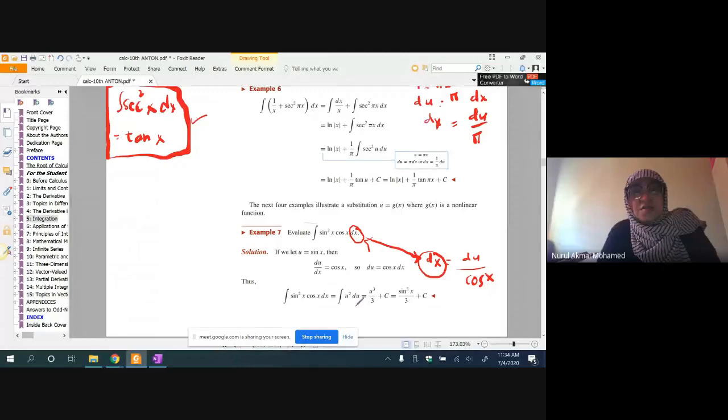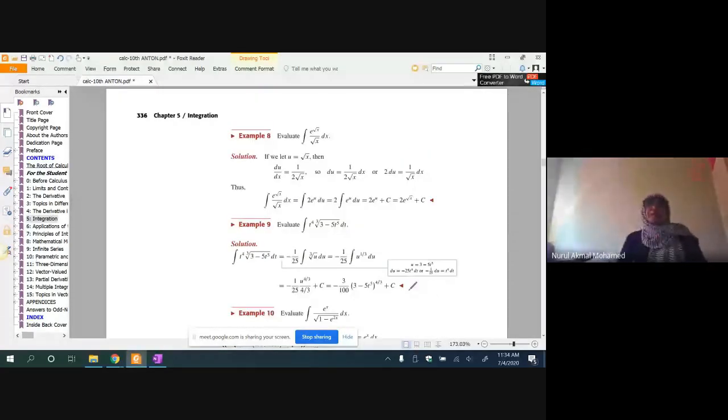And then this is just power rules. So u to the power of 3 divided by 3 and then plus c. Okay, and after that you change back to the variable x, and you get sine cube x divided by 3 plus c. Okay, next example, example 8.